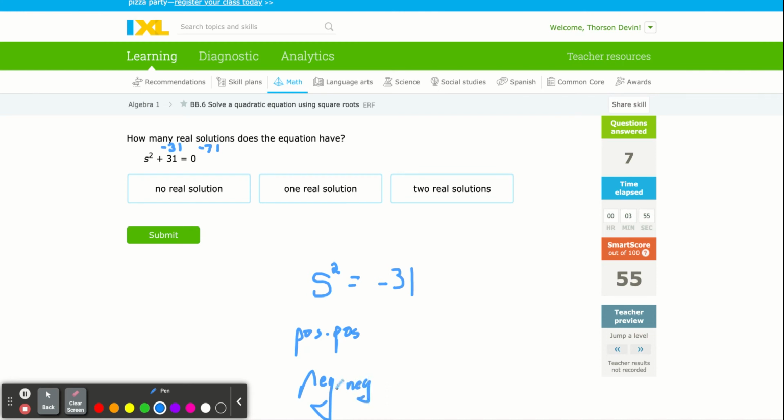So there is no such real number that when you times it by itself is going to be a negative number. So if you end up getting an equation, a squared term equaling a negative number, you get no real solutions.